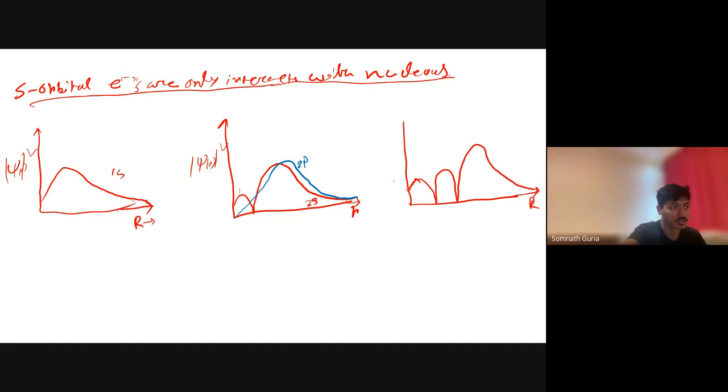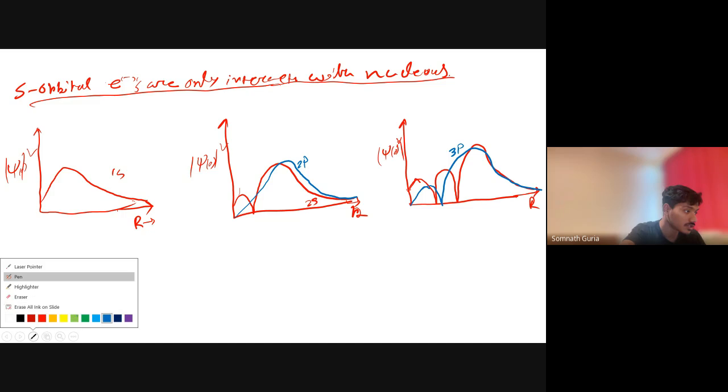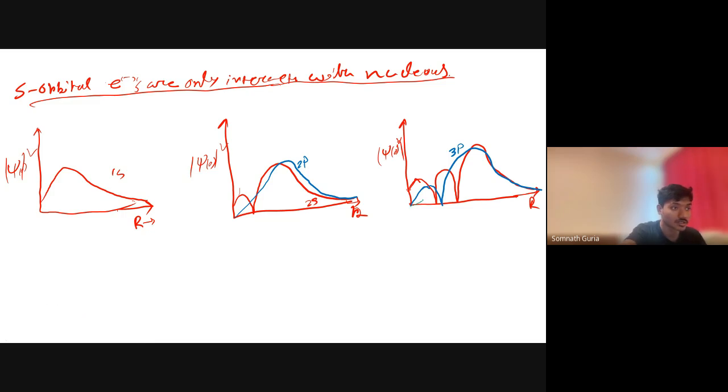The r, psi 0 square, and my 3p will be, oh no, 3p will have another node over here. 3p and 3d, by the way, something like this. 3d.